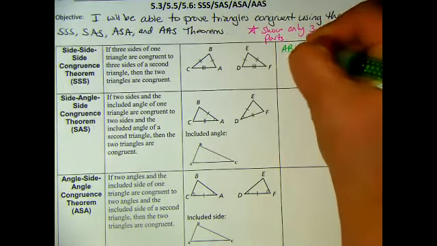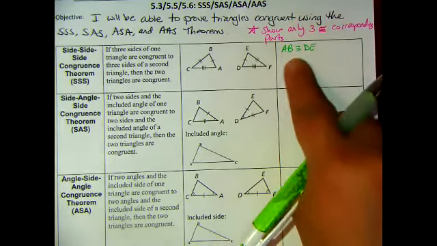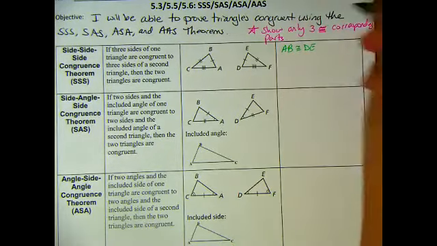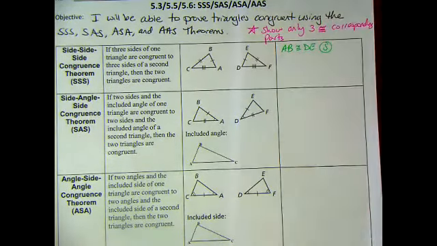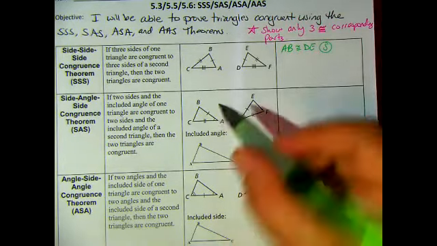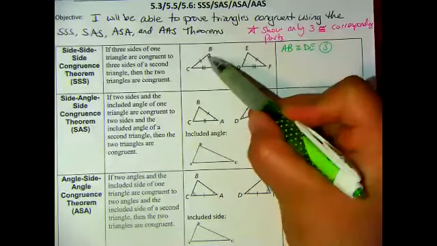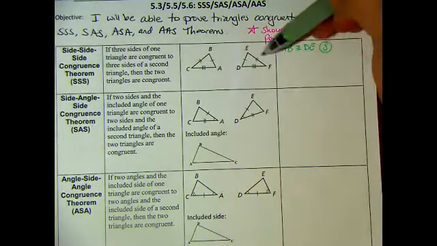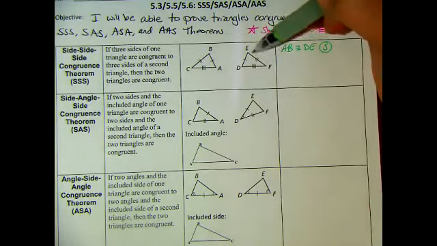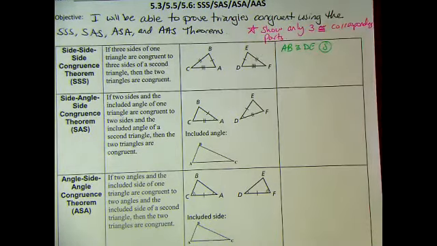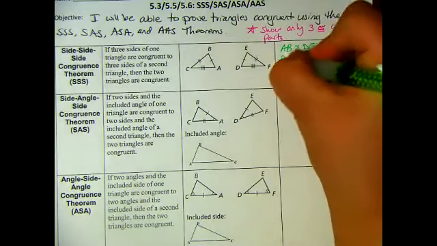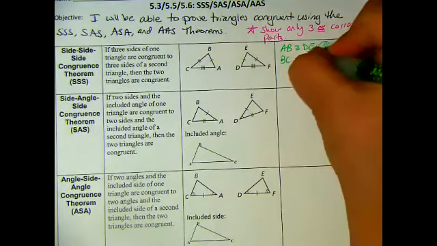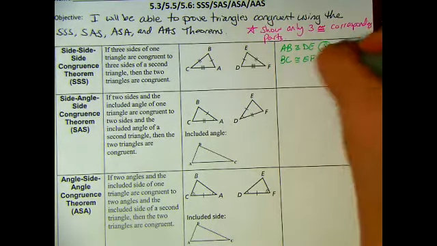So AB is congruent to DE. This one pair is one of my sides. Okay, next I have side BC from this triangle has two tick marks, and that's congruent to side EF on this triangle, which also has two tick marks. So side BC is congruent to side EF. That's my second side.